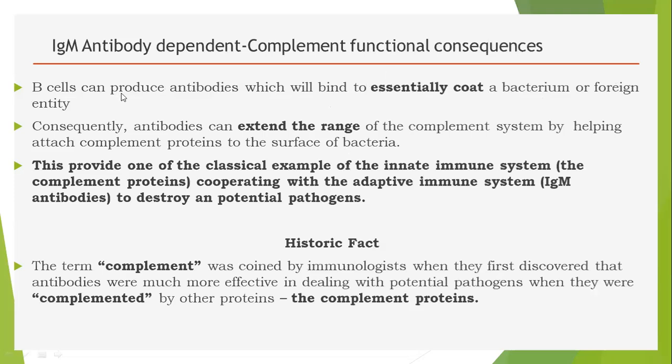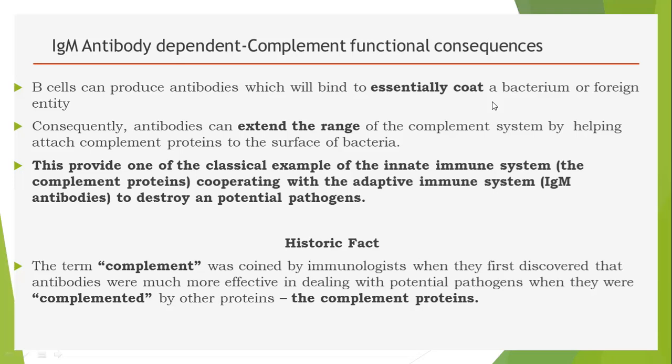So the B cell, as we know, produces a lot of antibodies, which will eventually coat bacteria or foreign entities that might infect the body. So apart from the binding to the complement itself, we've got the immunoglobulins, which are binding to particular surfaces of bacteria.